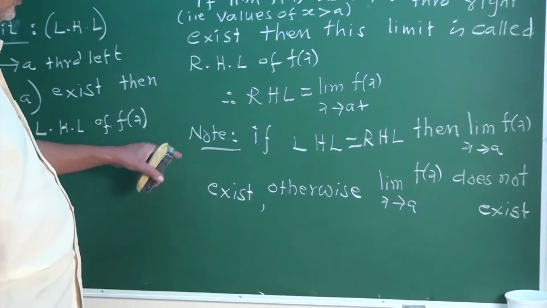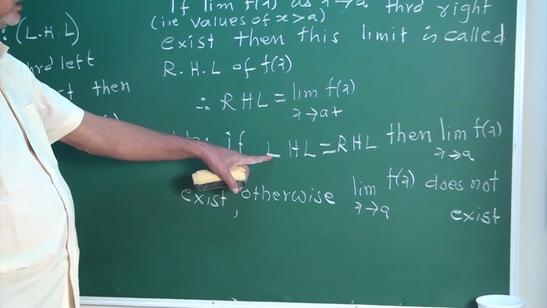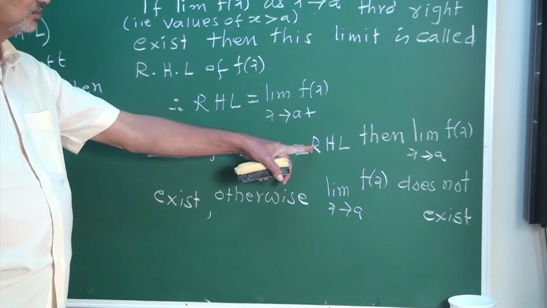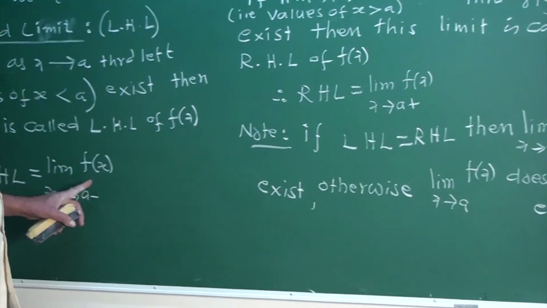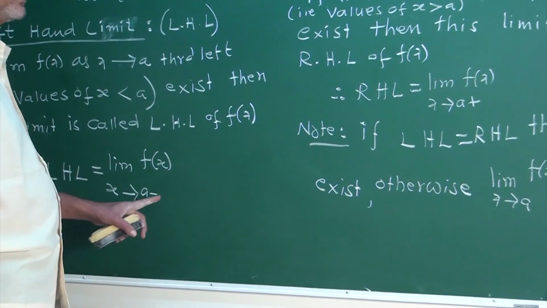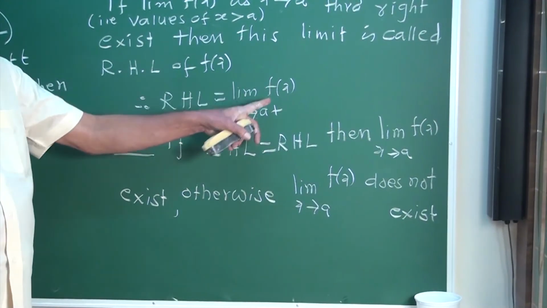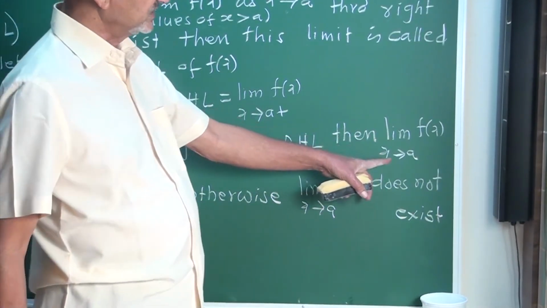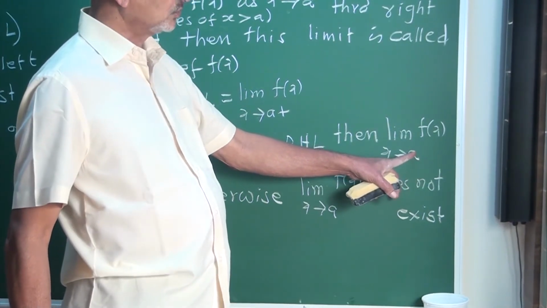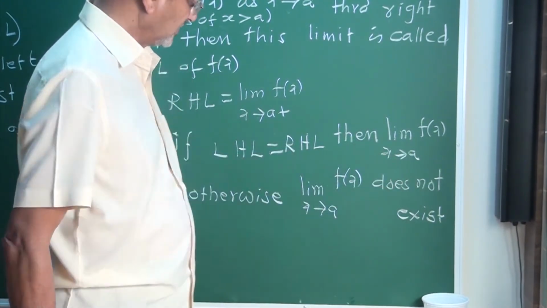What it tells is, if the left hand limit of a function is equal to the right hand limit of the function, that is, the limit of f(x) as x tends to a minus equals the limit of f(x) as x tends to a plus, then the limit of f(x) as x tends to a exists.